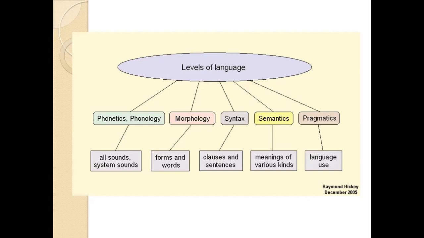Okay, so levels of language: we have phonetics, phonology, morphology, syntax, semantics, and pragmatics. So phonetics and phonology, we have to study all sounds and the sound system. And morphology, tomorrow you have to learn morphology, and morphology is a form of the word.